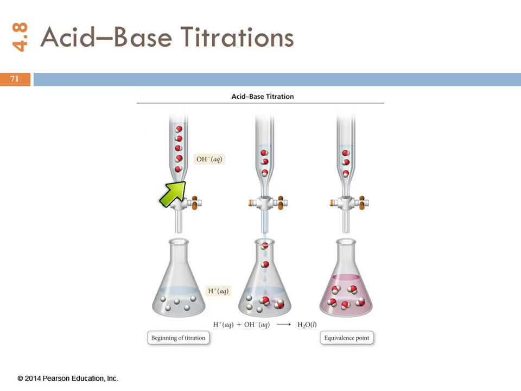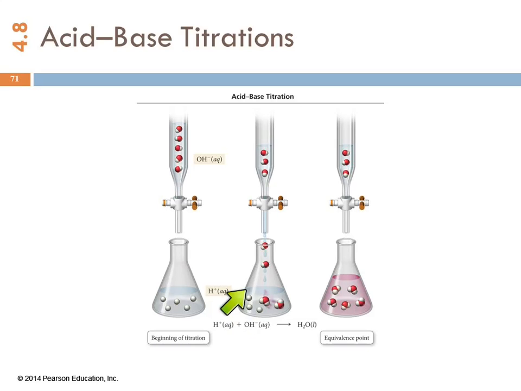It allows us to deliver a solution and measure its volume accurately. So we're going to add the sodium hydroxide to this Erlenmeyer flask that has an acid in it. Oh, that's not necessarily sodium hydroxide, just any hydroxide, a base. And we add it to the acid, and as these hydroxide molecules are added, they combine with the hydrogen ions and form a water molecule, and they're neutralized.